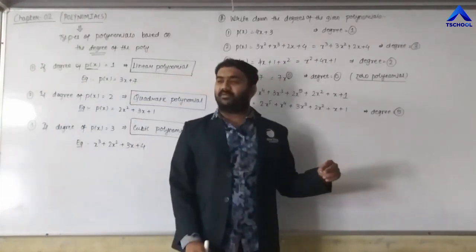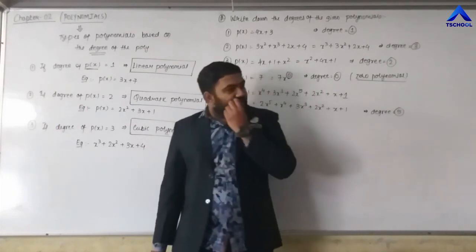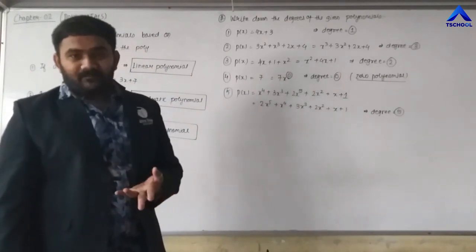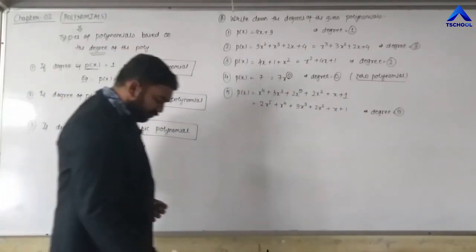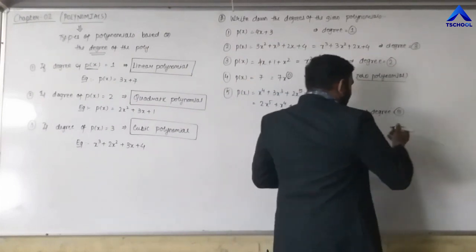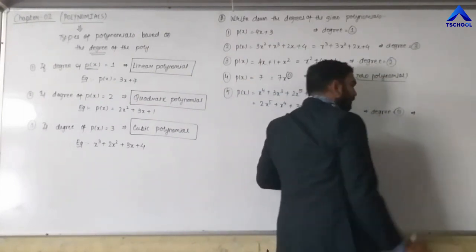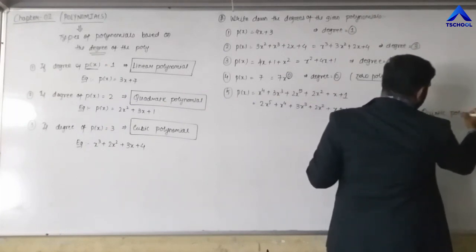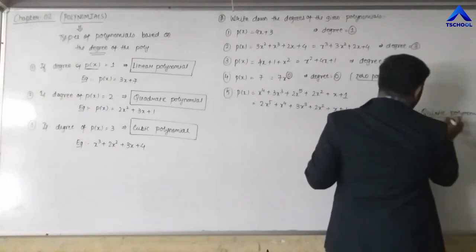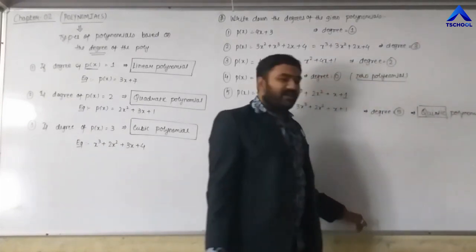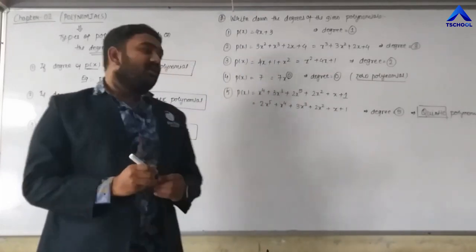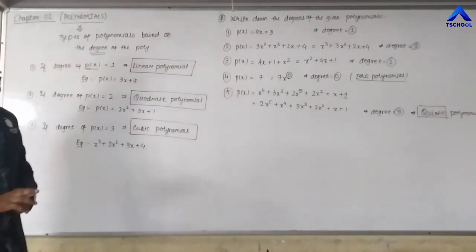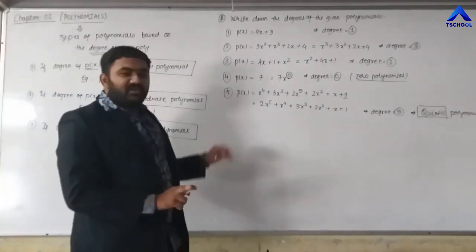There is no need to remember that, but a polynomial of degree 5 is known as a quintic polynomial, Q-U-I-N-T-I-C. That is not related to us right now.